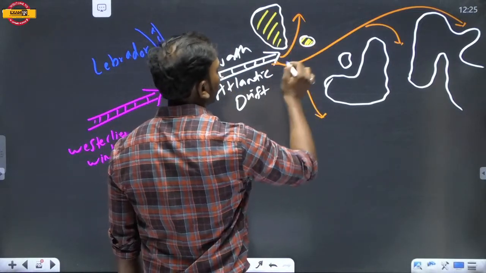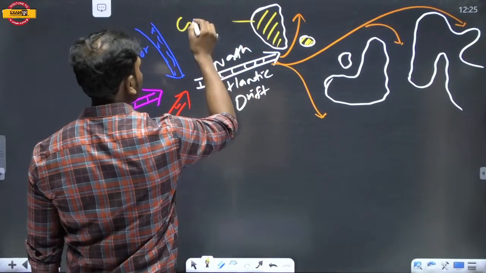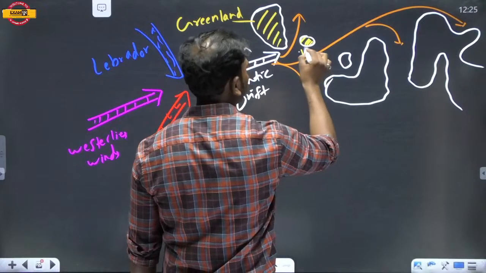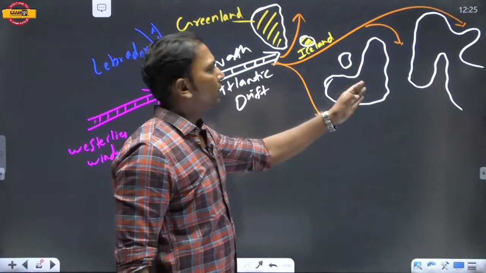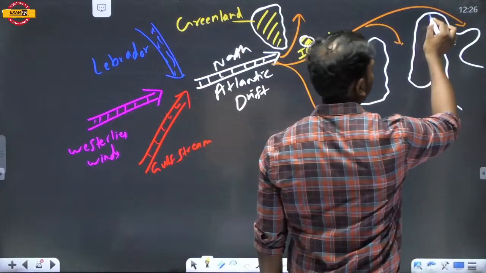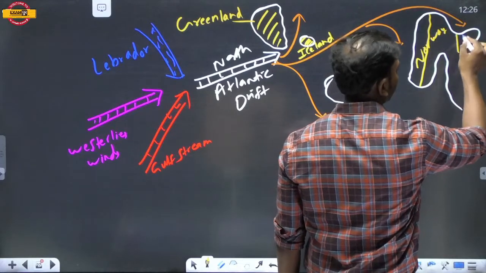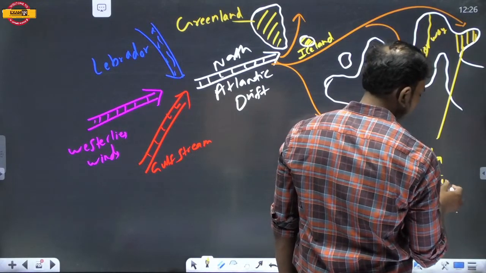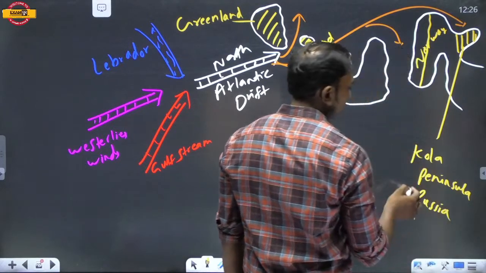This is Greenland, this is Iceland. This is London, England, United Kingdom, and here it is Norway. And here it is the Kola Peninsula, Russia.